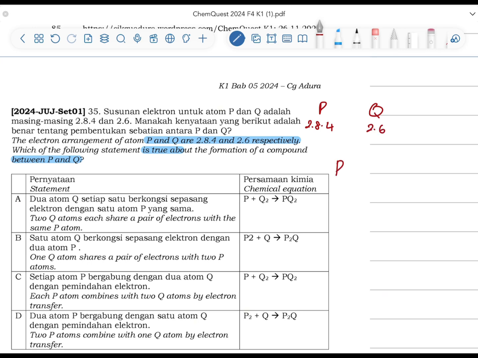So P still needs 4 electrons to achieve its stability. Meanwhile, Q still needs 2 electrons to achieve stability, right? The stability is actually referring to the electron arrangement. It must have 8 electrons in the shell.